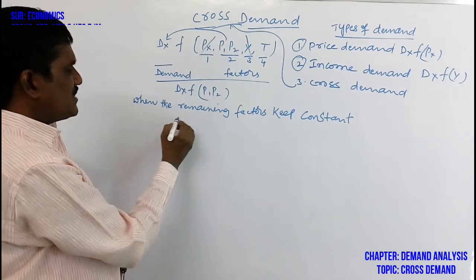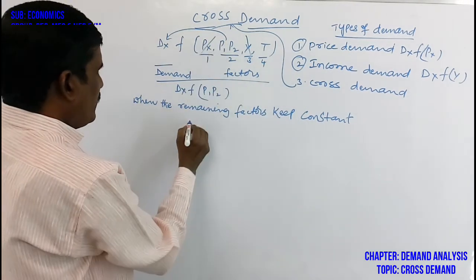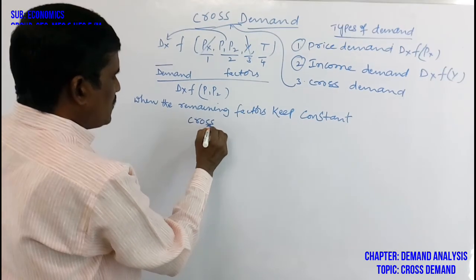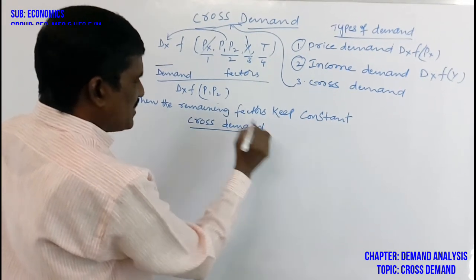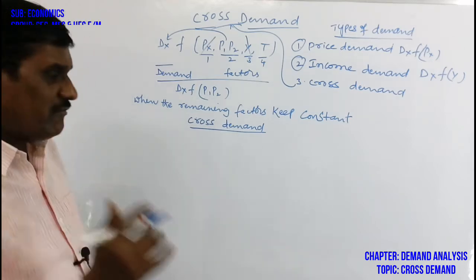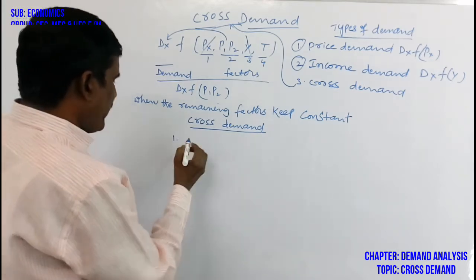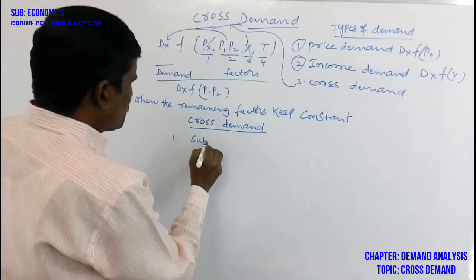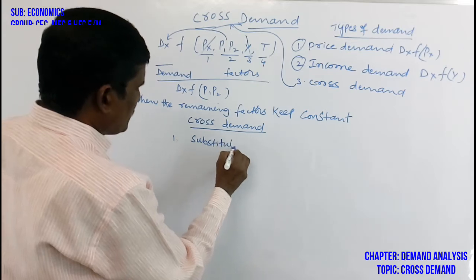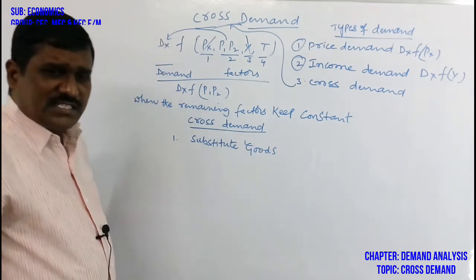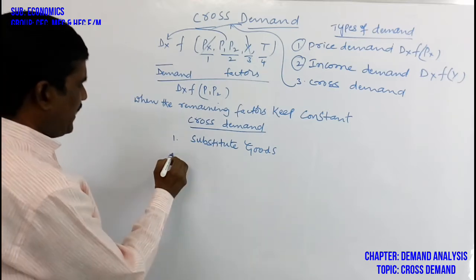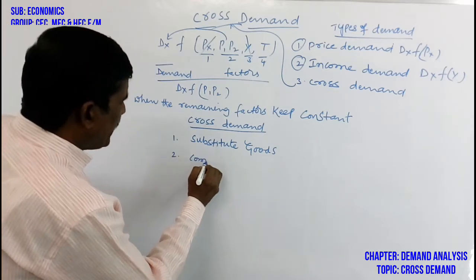Once again I am writing cross demand. In the cross demand, the goods are divided into two types. One is substitute goods. Second one is complementary goods.